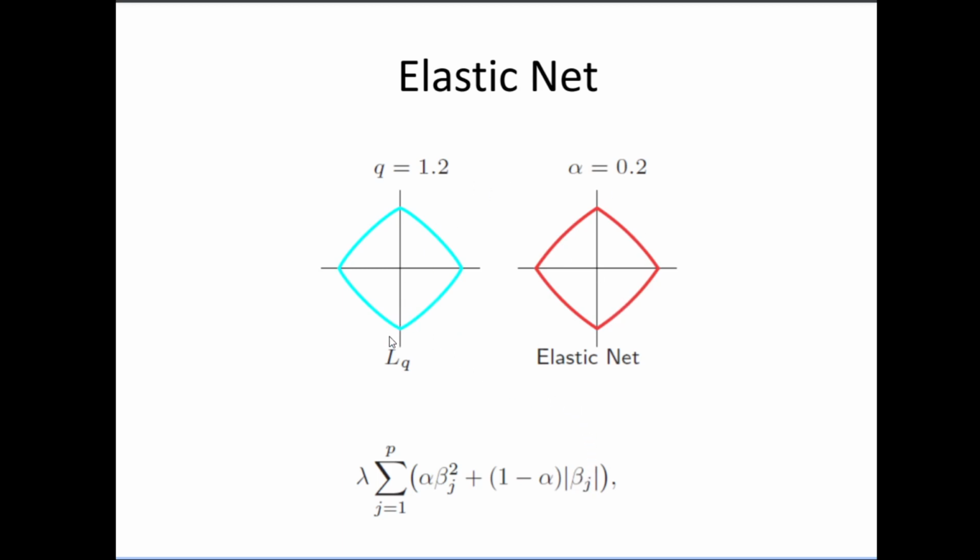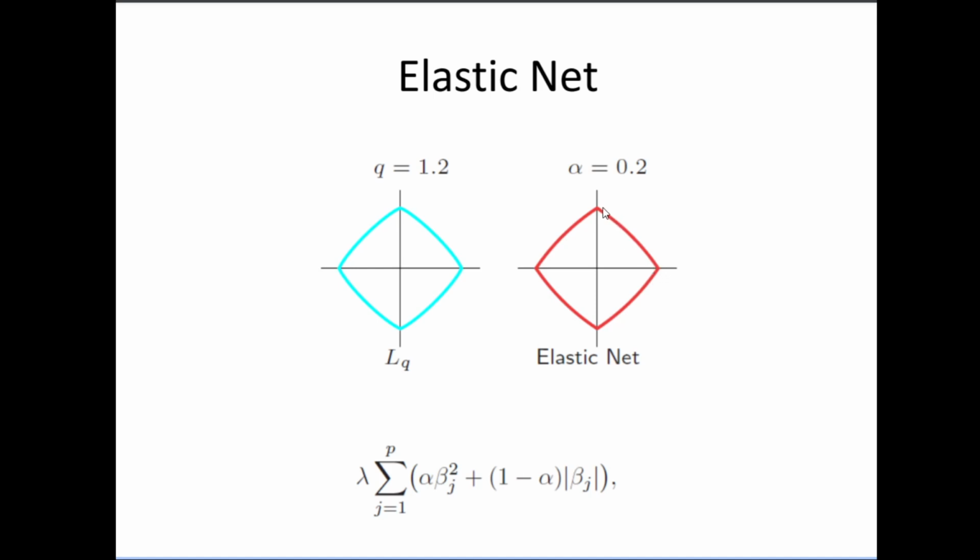Now what is this? Lq with q equal to 1.2. If I take this beta j square and raise it to the power 1.2, then what kind of boundary do I get? I get a boundary like this. And if I am using elastic net, the boundary that I am getting is like this. There's a very subtle difference in the sense that this is a bit more sharp.